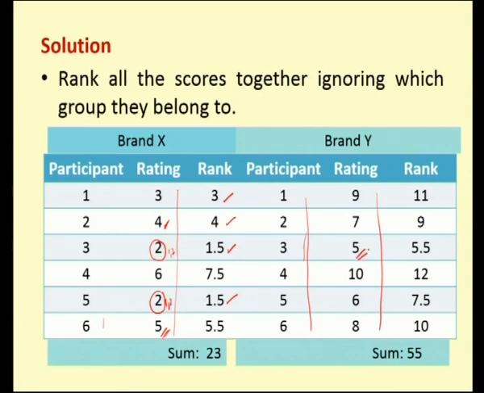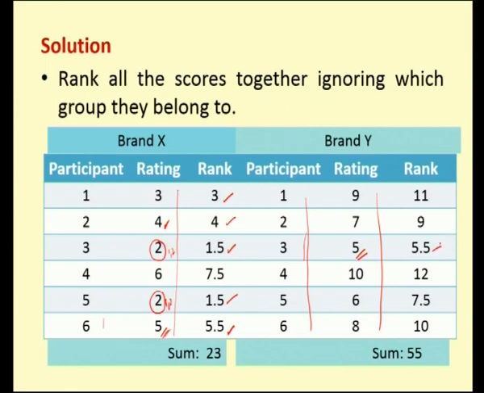You have given ranks up to 4. Now there are 2 observations, so this has to be either 5 or 6. Add them, 5 plus 6 is 11, divided by 2 you get 5.5. So you assign the rank 5.5.